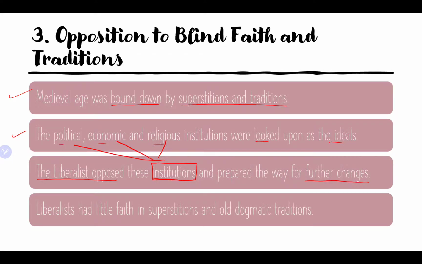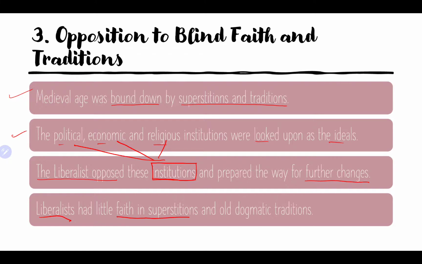What does liberalist mean? Those who follow the principle of liberalism are called liberalists. After the 20th century, these liberalists opposed the political, economic and social institutions, but they prepared a different method, or changed it further.